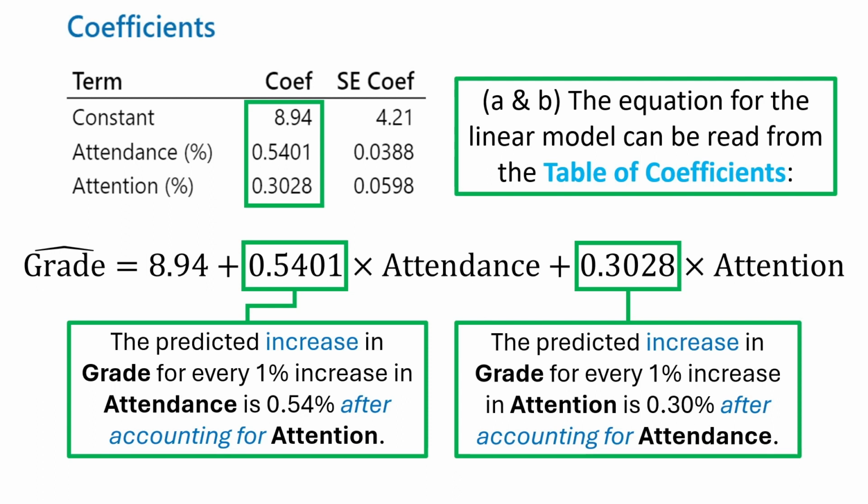But if there's more than one, you need to be clear that our interpretation of the slope, for example, for attendance, is that the grade will increase by 1% on average. That's the predicted increase on average after accounting for attention. And likewise, when you make the interpretation for attention, you have to say after accounting for attendance. So make sure you include those in your interpretations of slopes when you see the multiple regression problem on the final exam.